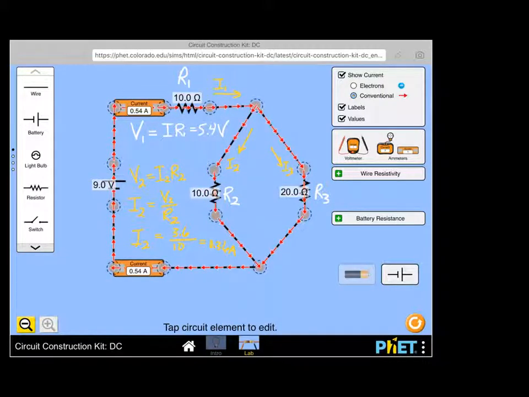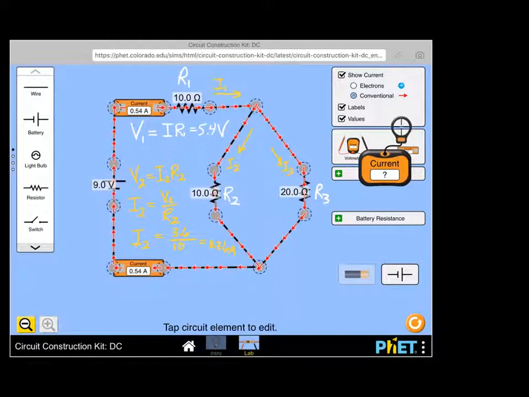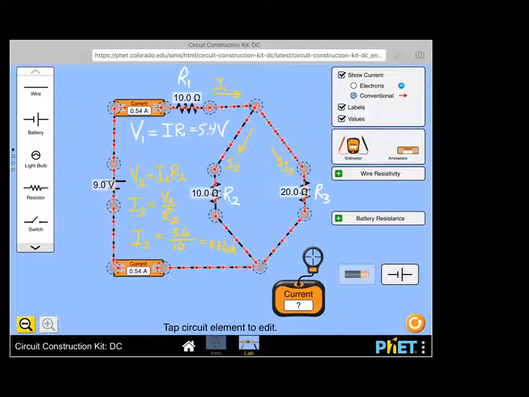So I can come over here and swipe this fancy current meter and verify that yes, current through that branch is 0.36, which means that the difference between 0.54 and 0.36 is what the other branch has to hold.